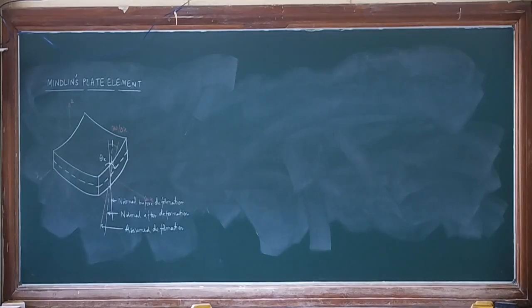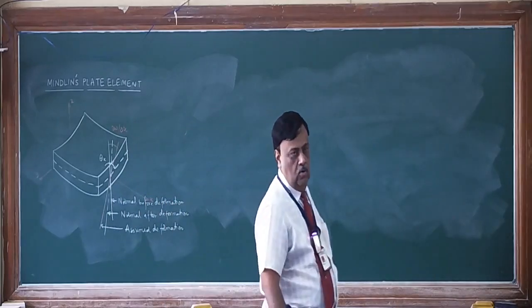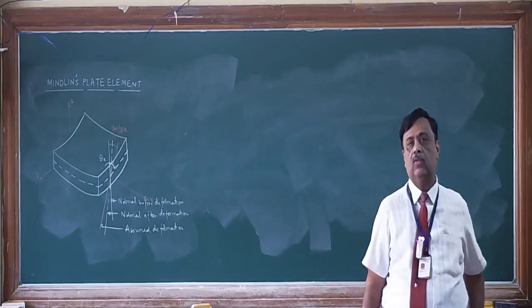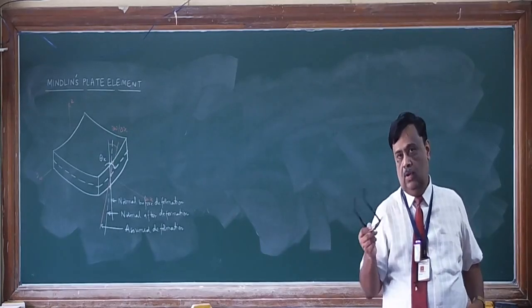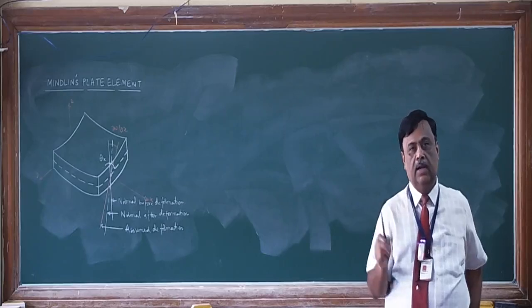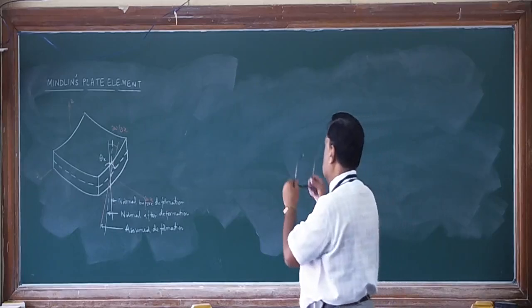Here, as we have seen in the case of continuity elements C2, C1, C0, I had specially made one mention of the C0 element, that W and theta x and theta y are decoupled. So we don't write that theta x is equal to dou W by dou x, theta y equal to dou W by dou y. We no more relate theta x and W, and therefore we keep them independent. This will help us in simplifying the formalization of the equations.